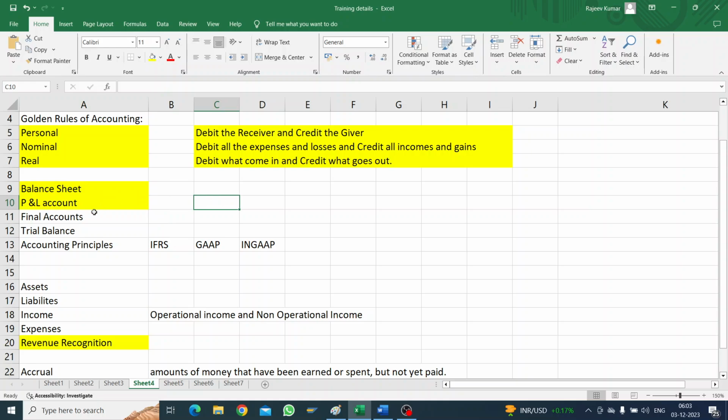Then we also have something called final accounts. We also have something called the trial balance. Final account is where you note down all the different heads of incomes and expenses together in a particular format, which is called the final account.